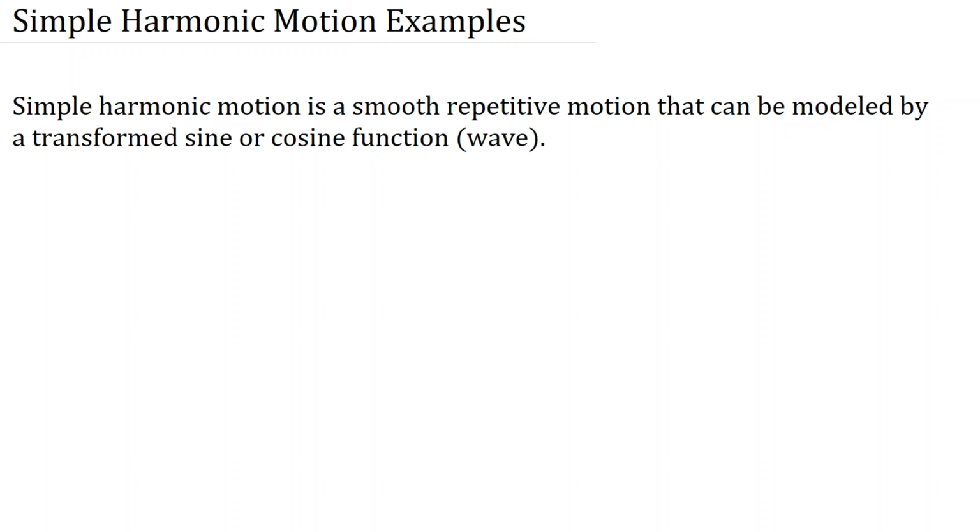of simple harmonic motion. A first one might be if you have a spring that's hanging with a mass on the end, and then you proceed to pull the spring downward so the spring stretches, and now your mass is down here.